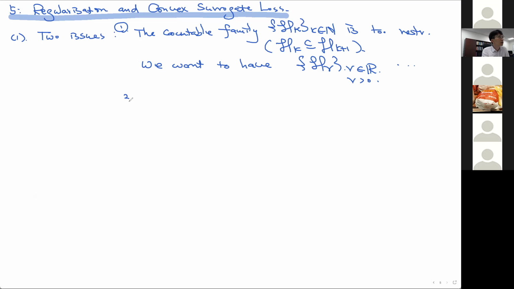The second is that our risk, so you think about this empirical risk, it's defined like this. This is a very discrete function.